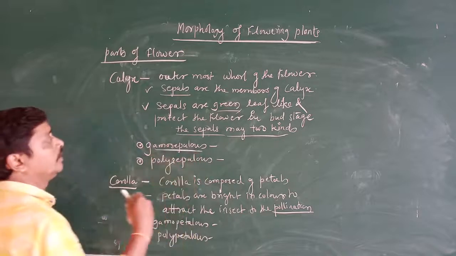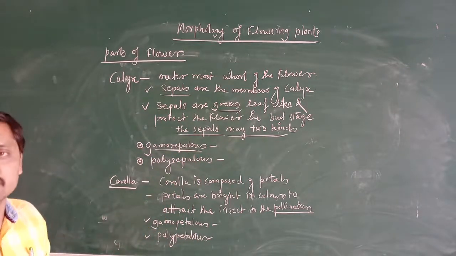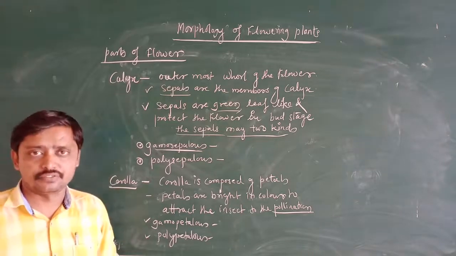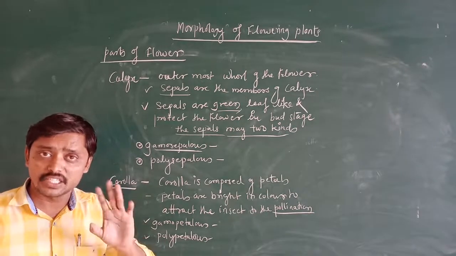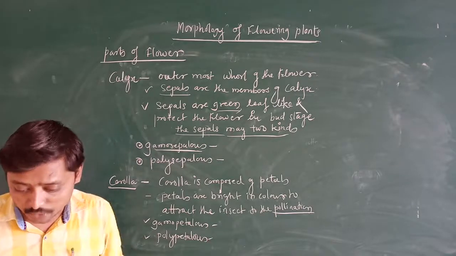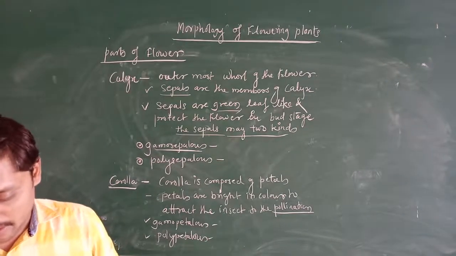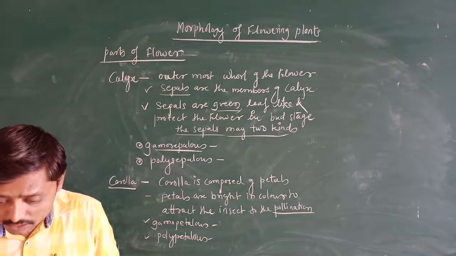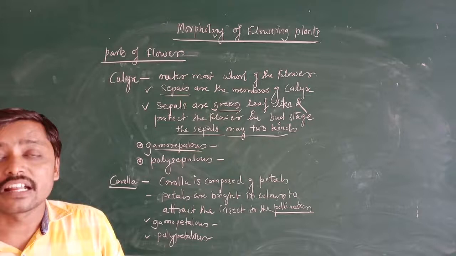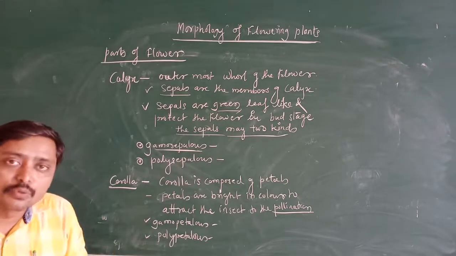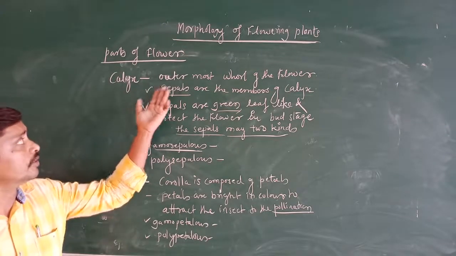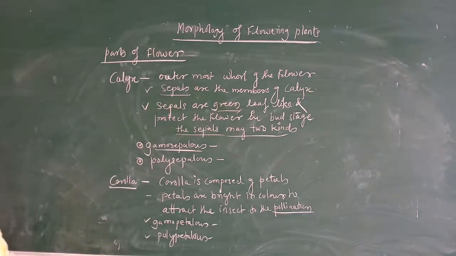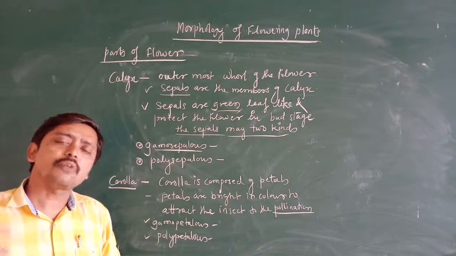In the previous video, when we studied the flower, I told you that based upon the flower appendages, a flower may be trimerous, tetramerous, or pentamerous. That means sepals may be 3, 4, 5 or more than that.